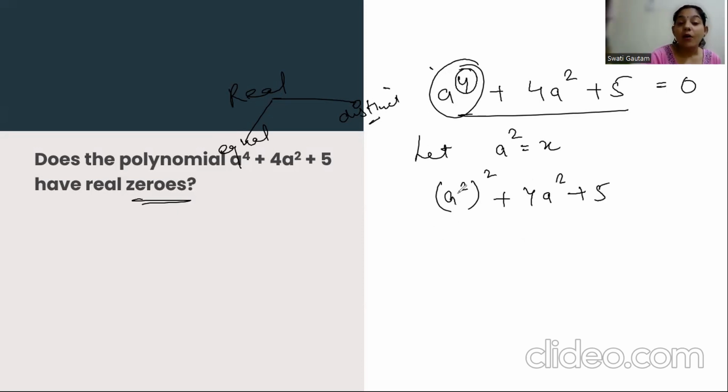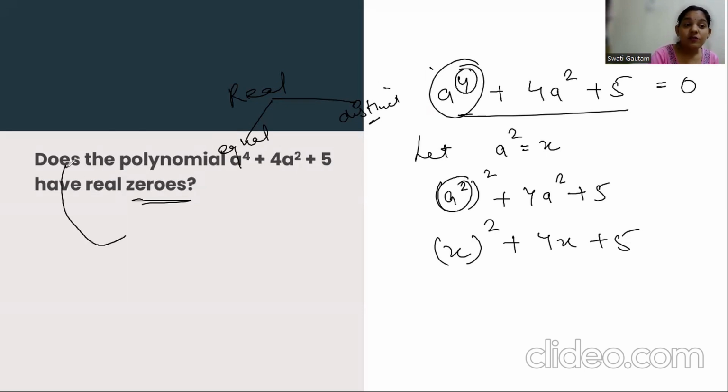Now, what I have taken a square, I have taken as x, so x square minus 4x plus 5, right? Now, what I will do, they are asking me whether this polynomial have real zeros or not.